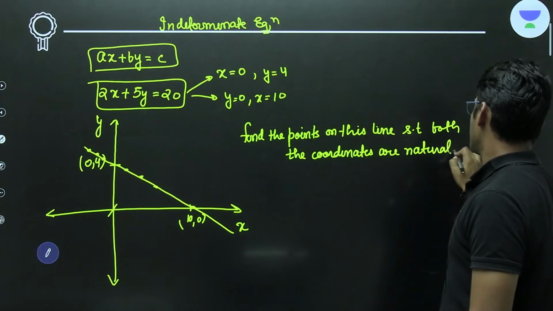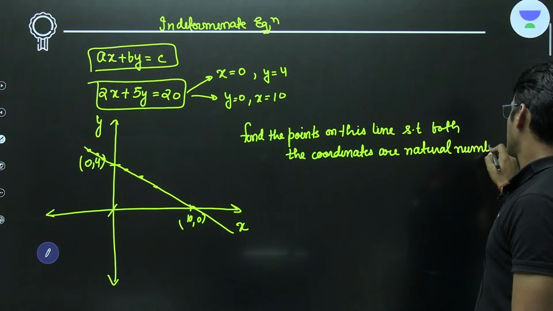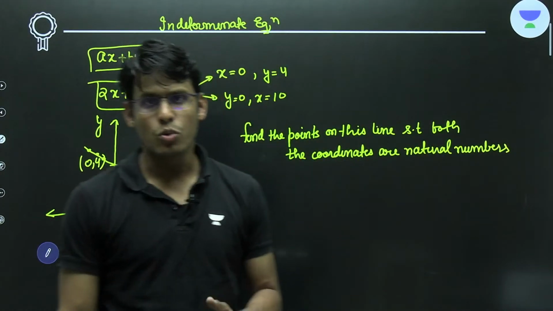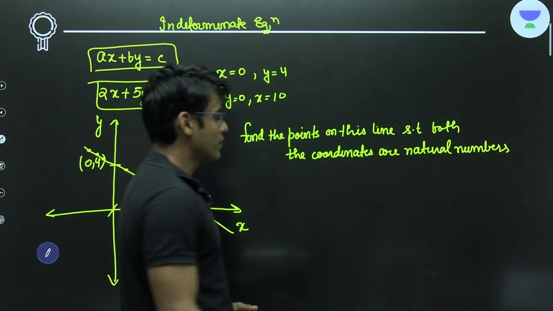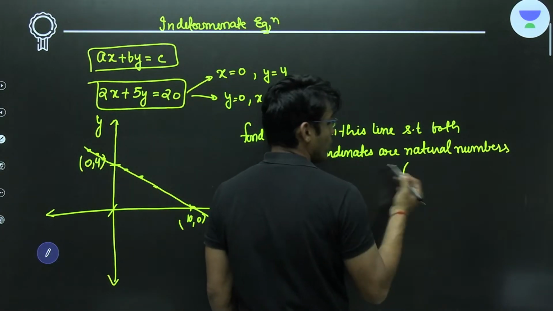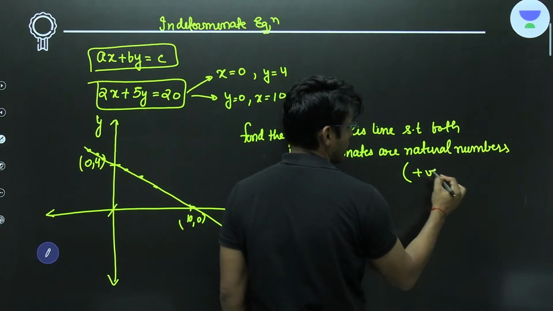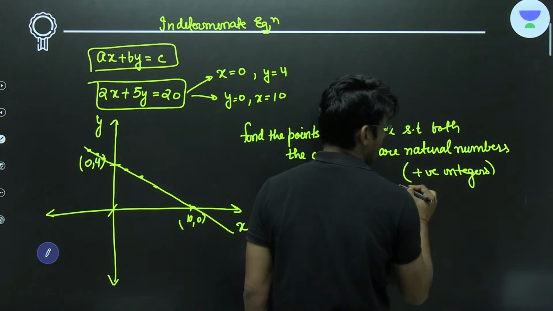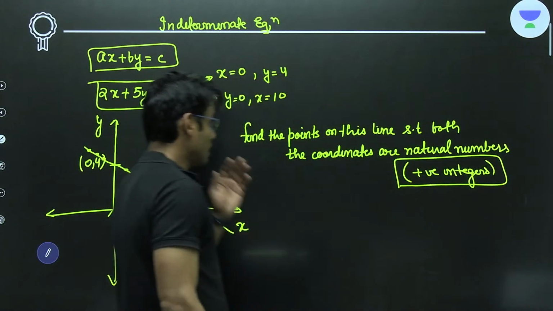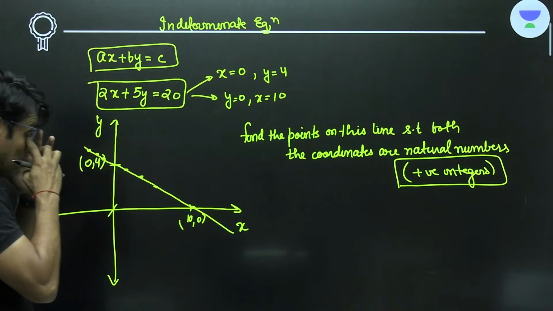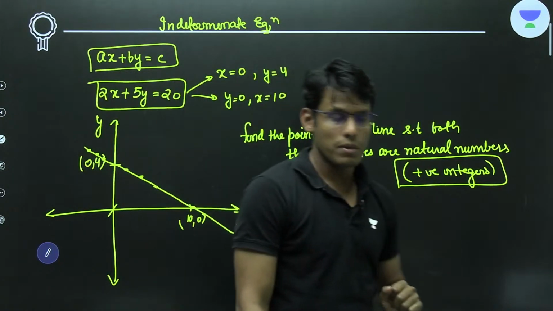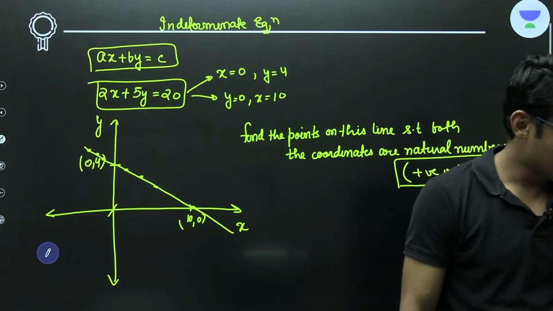Natural numbers is the term we use in our NCERT, but in Olympiad terms, these are called positive integers. You will find positive integers written everywhere. So find the points on this line such that both the coordinates are natural numbers or positive integers.